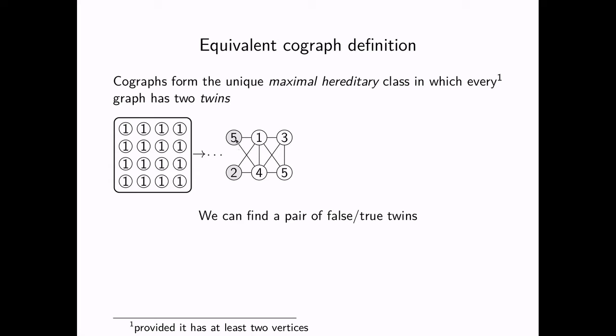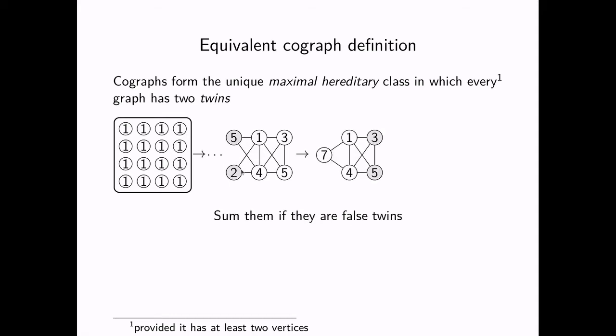So now if we have two false twins, so they are non-adjacent. If you want to include those 5 vertices in the solution, it dominates the common neighborhood of 5 and 2, so you might as well take 2. So if you take here, you take also there. So you would take 7 vertices in total.